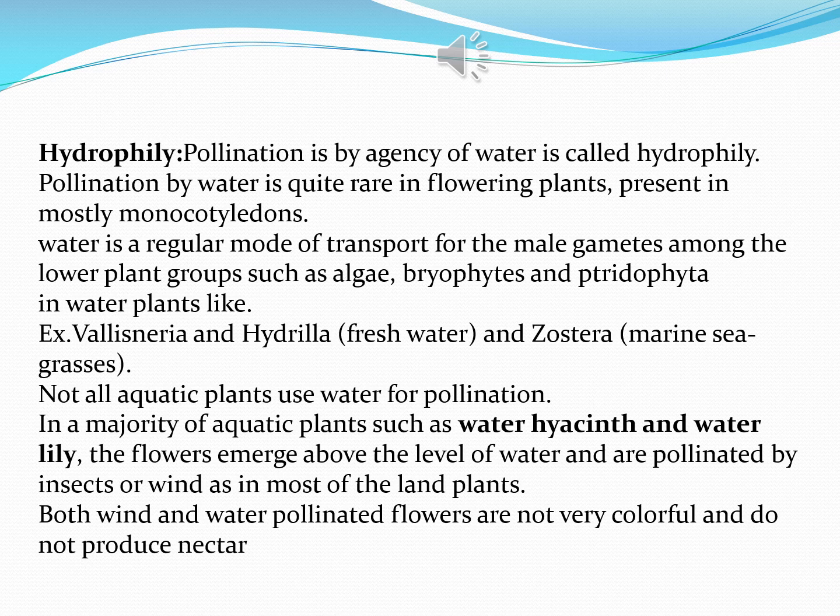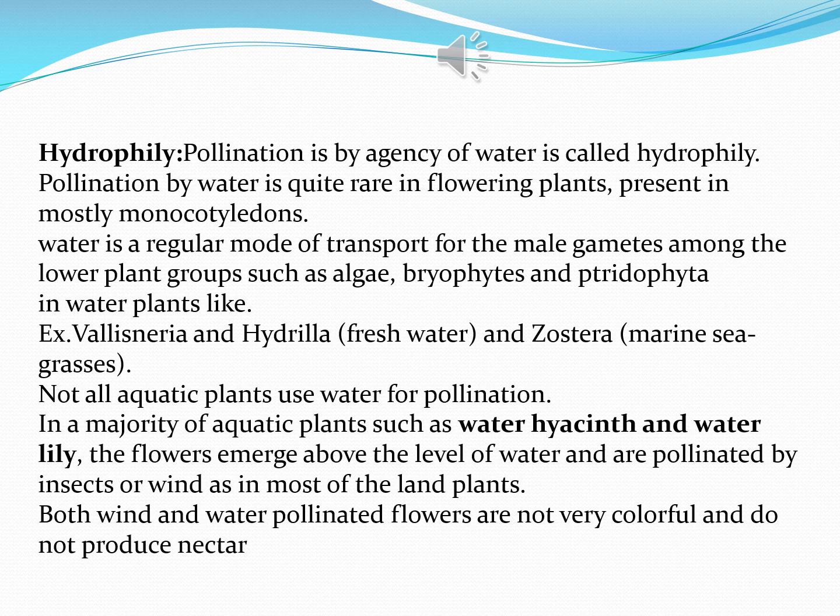In lower plants like algae, bryophytes and pteridophytes, they depend on water, so the water transports the male gametes. Angiospermic water plants like Vallisneria, Hydrilla and Zostera show hydrophily, or water pollination.